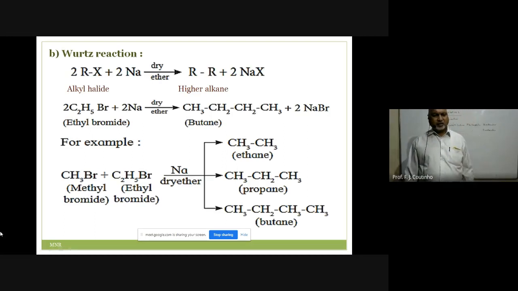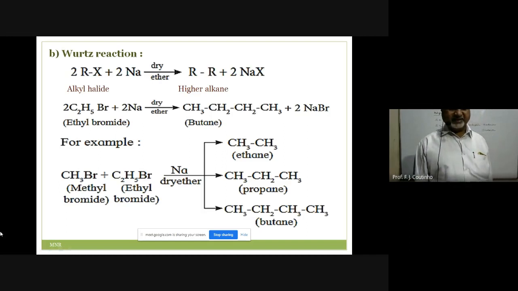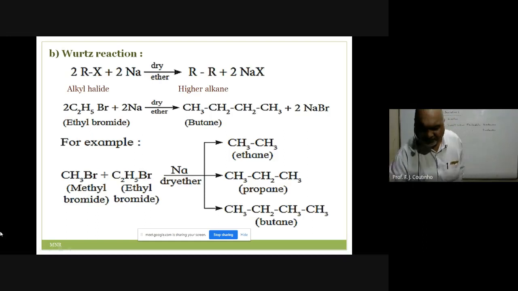You get a combination of methyl bromide and ethyl bromide, and that's why you get propane, coupling of CH3 and C2H5. And finally, you get coupling of two molecules of C2H5Br together, and that's why you get butane, that is CH3-CH2-CH2-CH3. Sorry, there is a mistake here. It should be CH2 here, and finally it is CH3. So it is butane.